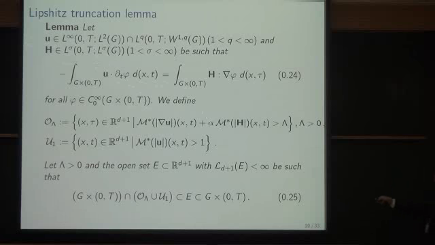Besides that, this is satisfied for all C0 infinity test functions on G times (0,T). So G is an open set in R^d. And define the maximal function in time and space in this set and this set.